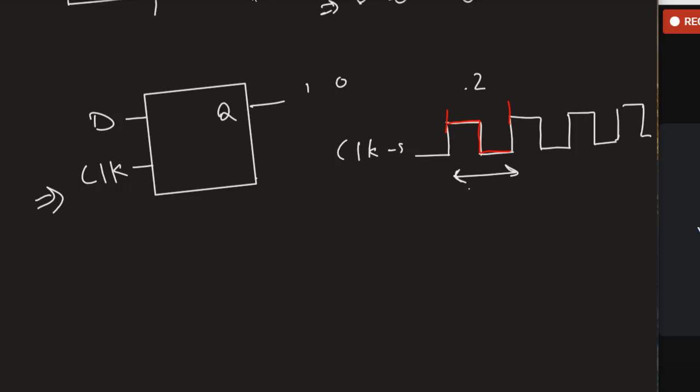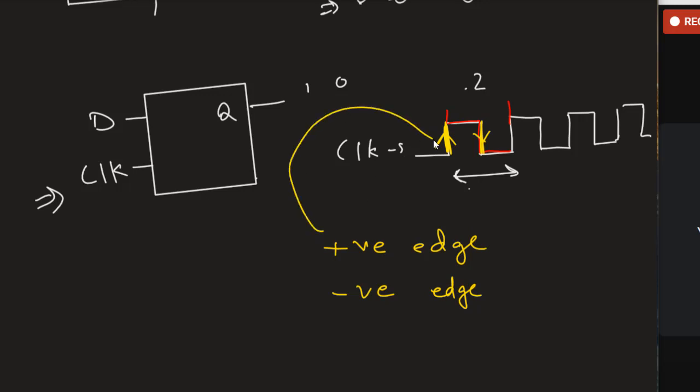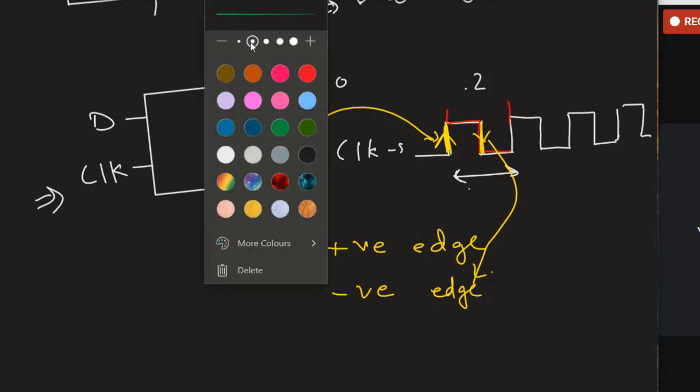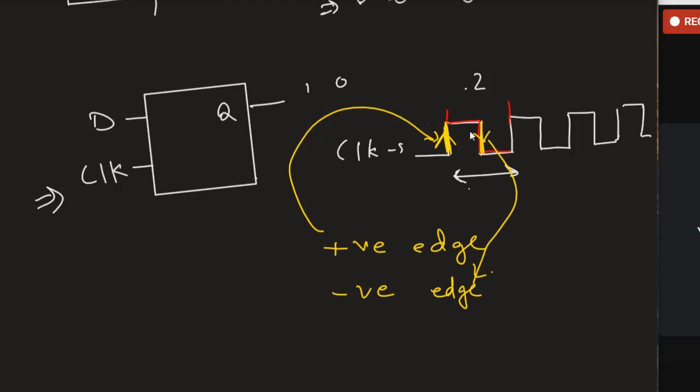Understood? Or positive edge and negative edge. This one is a positive edge and this one is a negative edge. And apart from this, the other two are: this is also called a high level and this is also called a low level.